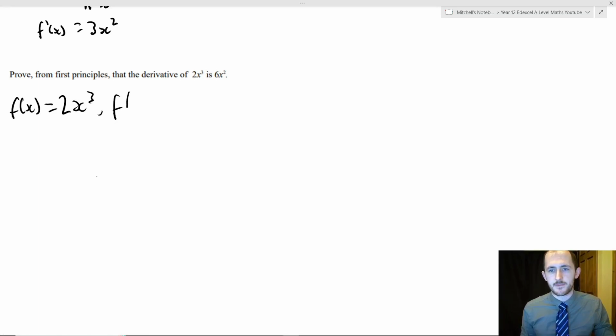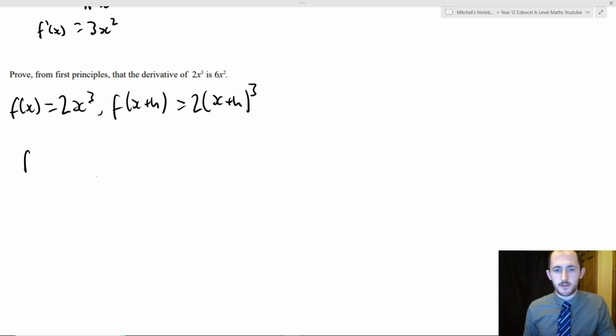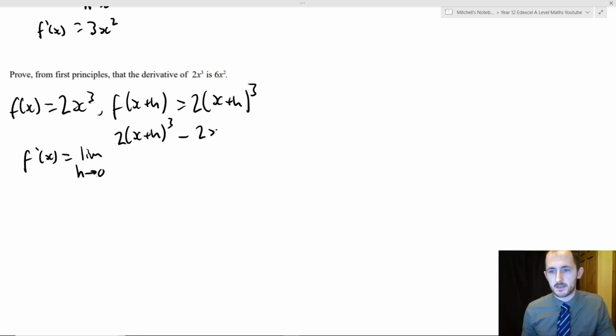So then f of x plus h will be 2x plus h all cubed. So again, if we substitute into our formula, that means f prime of x equals the limit, as h tends to 0, of f of x plus h, so 2x plus h cubed, minus the original 2x cubed, over h.